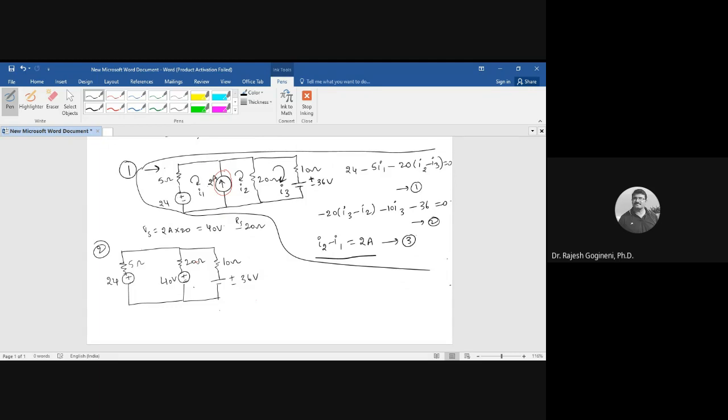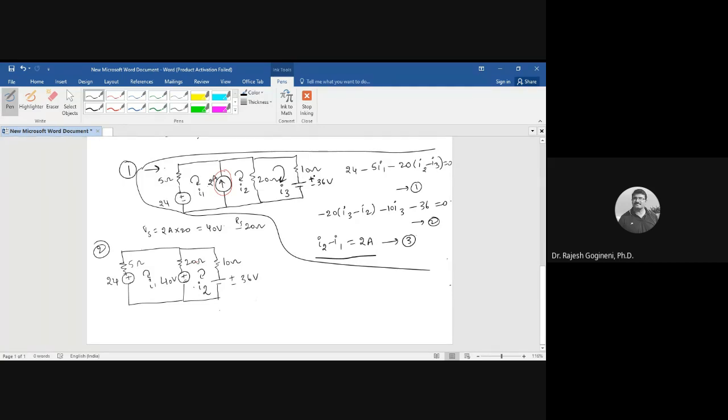So for the current, that is the current flowing through 10 ohms. But in the first problem, if you want to simplify the problem using the first technique, we got 3 currents. In the second problem, only 2 are sufficient. I1 in the first loop, I2 in the second loop. In the first case, it is I3, current flowing through the 10 ohm.